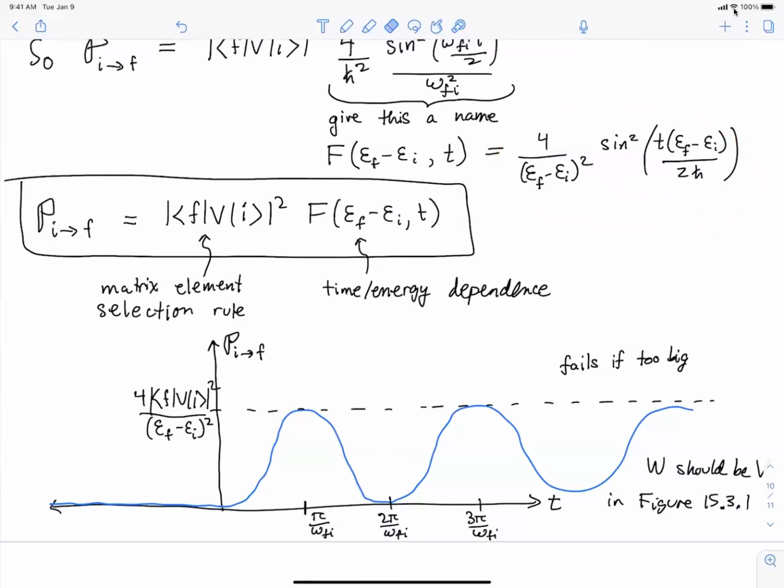And so there's going to be a t squared from that. There's going to be this factor squared, which is going to cancel that squared. The 2 in the denominator, when I square it, is going to cancel the 4. And so it's just going to be t squared over h bar squared. Right? That's taking the limit of this when the argument is very small.